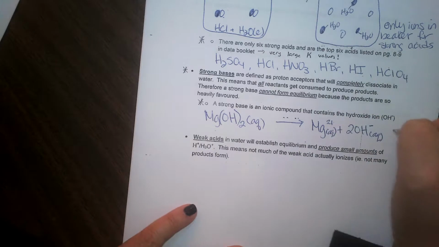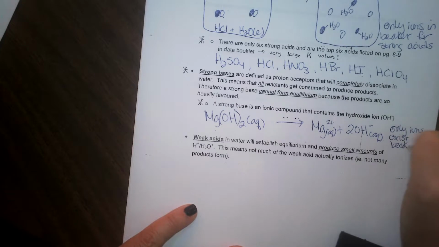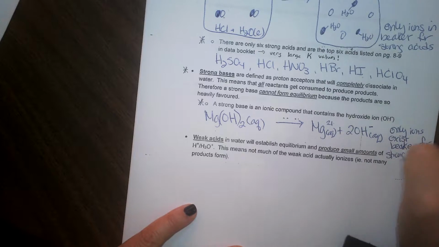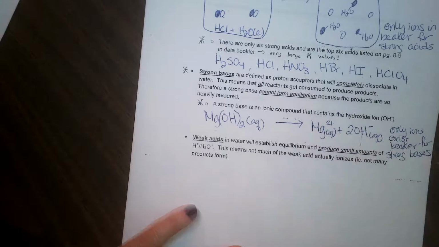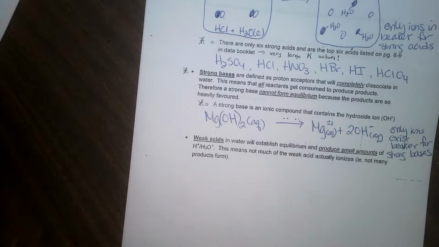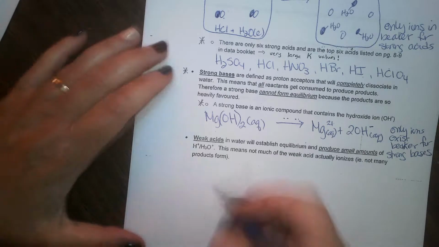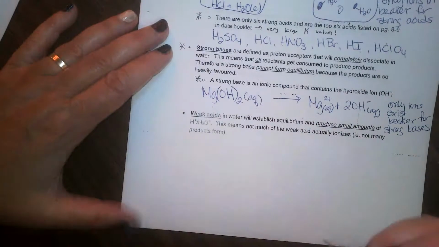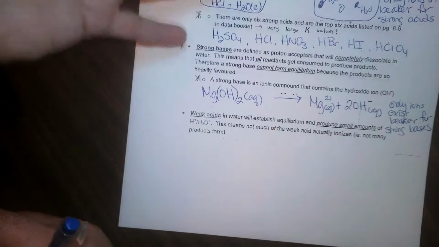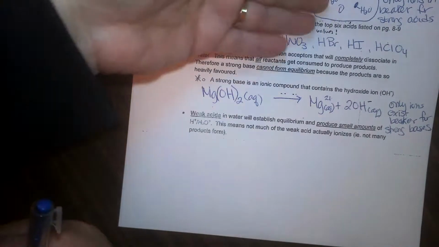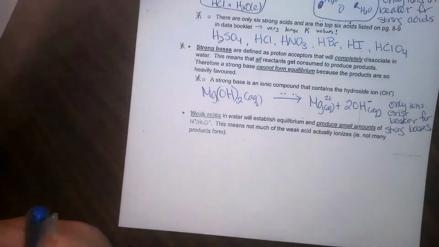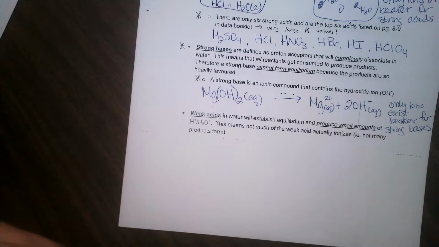Okay, and again, only ions exist in the beaker. Only ions exist in the beaker for strong bases. So what does that look like? Well, it would be the same as this. You would have a magnesium ion and 2 hydroxide ions.